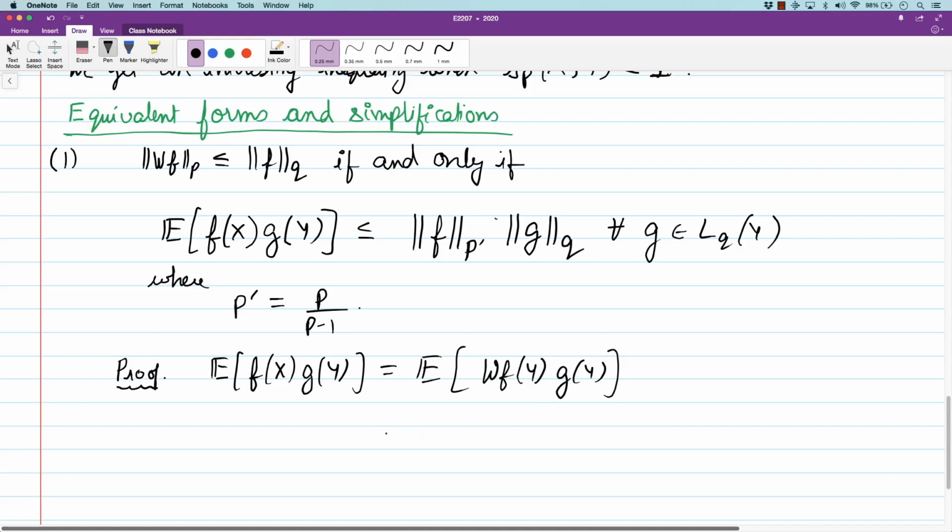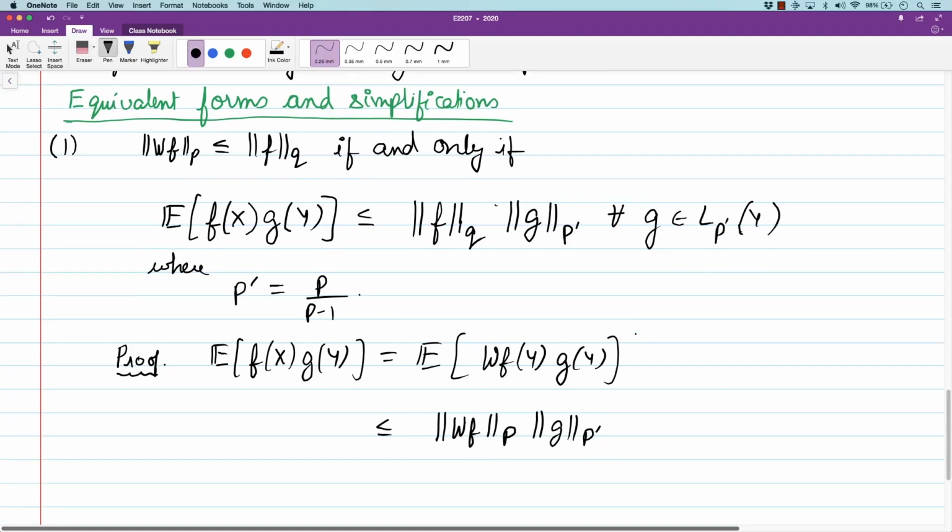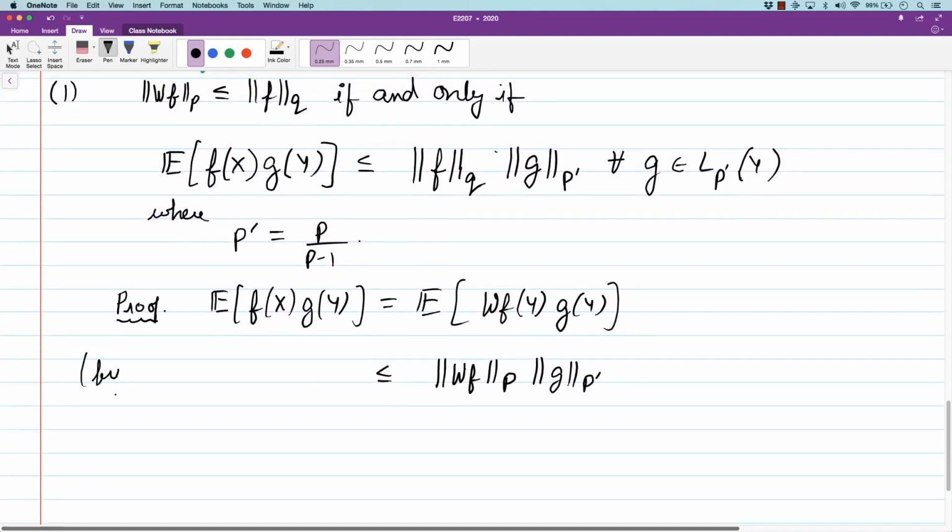Now we apply Hölder's inequality, which gives us the P norm of Wf and the P prime norm of g, which is less than or equal to the Q norm of f times the P prime norm of g.